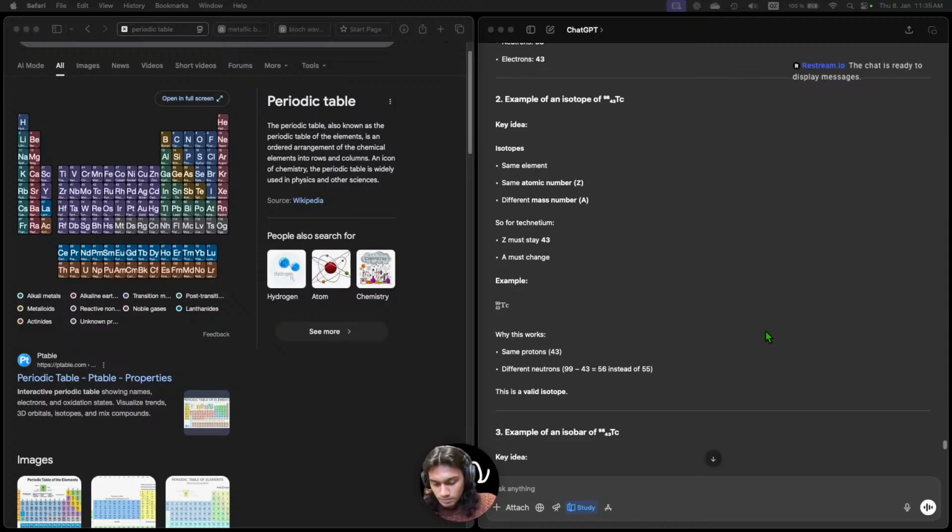Same atomic number, protons. So isotope has the same atomic number, that is the same number of protons, but a different mass number. So the number of protons should stay 43.